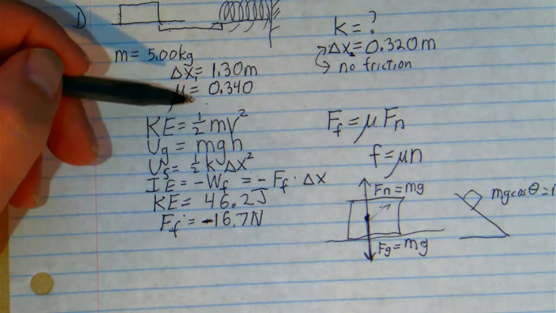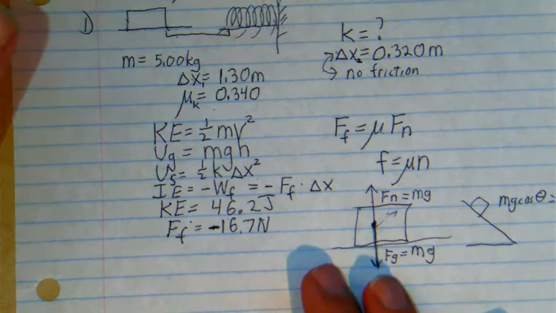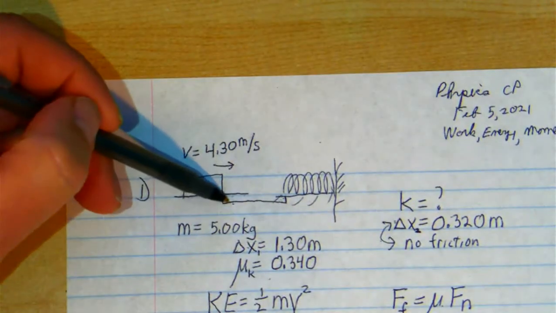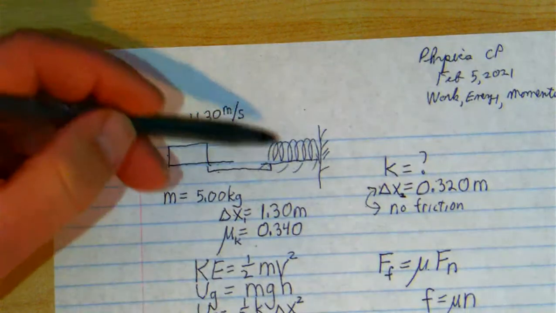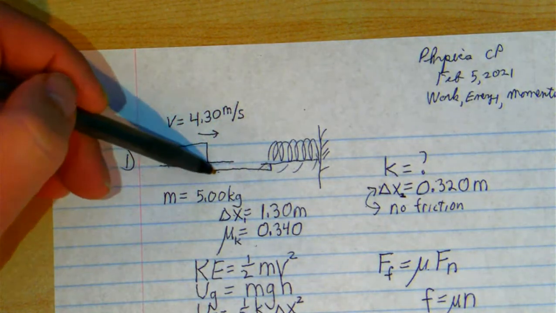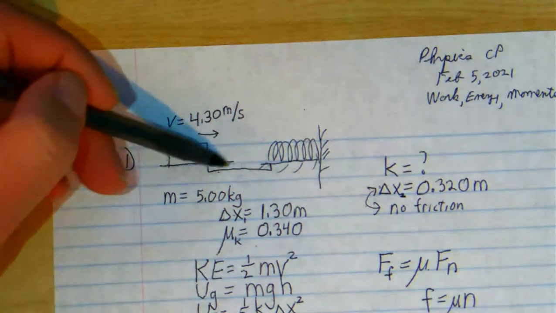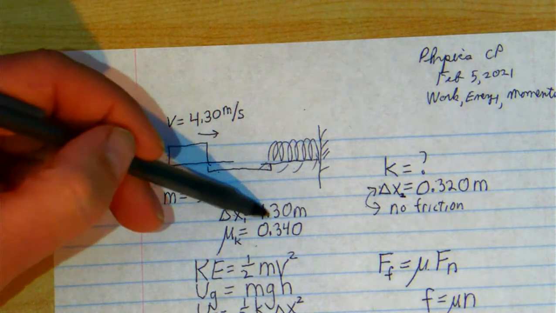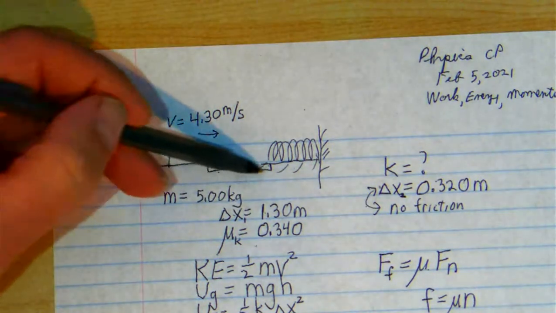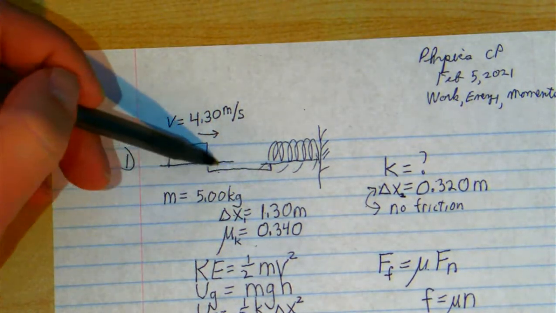Okay, so now the question becomes, now what? We've calculated how much energy we have in this block at the beginning of the problem. We've just calculated how much friction we're going to be encountering over this stretch here that is 1.30 meters in distance.